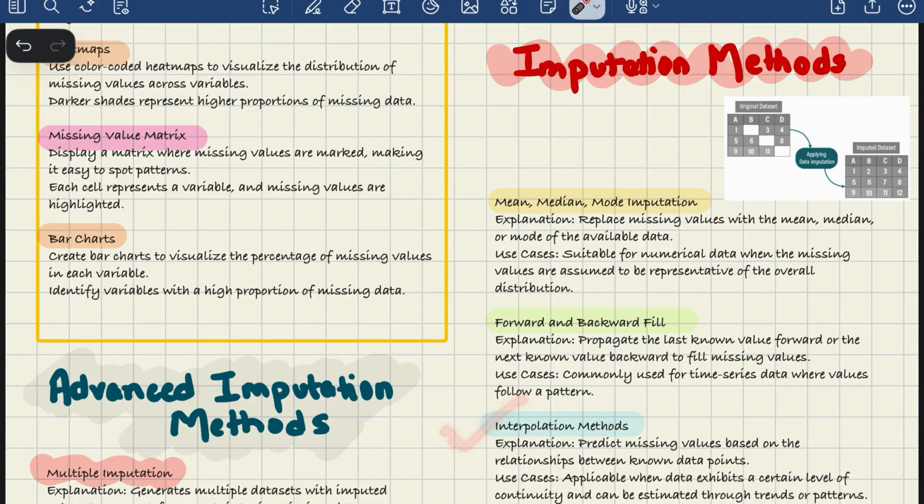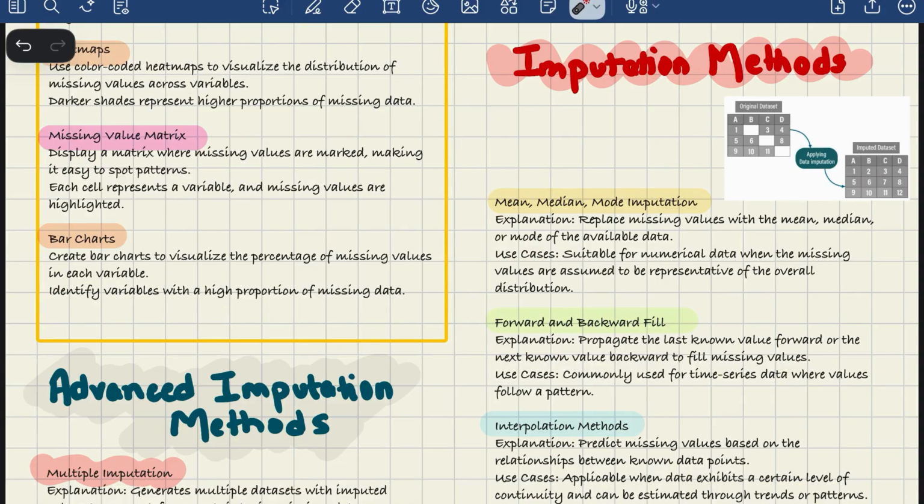Then comes the other method, which is the interpolation method. Interpolation estimates a missing value by looking at the values around it and assuming a smooth trend. Based on the relationship of the known data points, we estimate what the value might be.